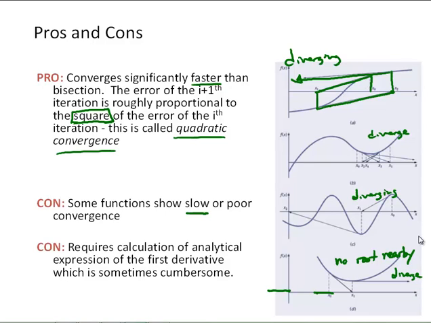Another con sometimes is that this requires the calculation of an analytical expression of the first derivative. That was easy in this case with the exponential function, but sometimes you have functions, particularly with the complex mathematical models that arise from empirical results, where that analytical expression of the derivative could be quite cumbersome. So next we'll look at another method that addresses this second con called the secant method.